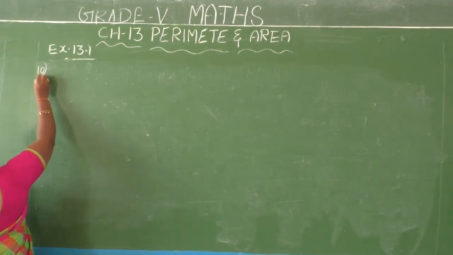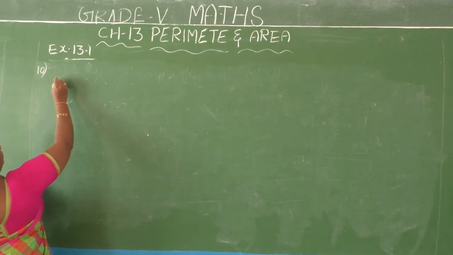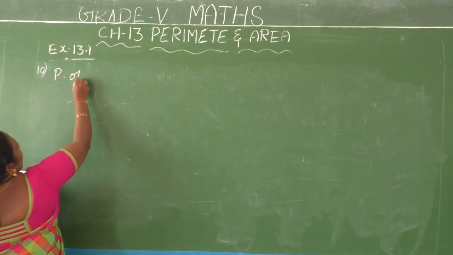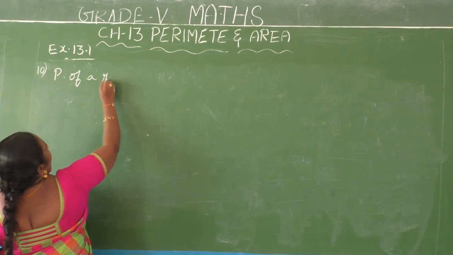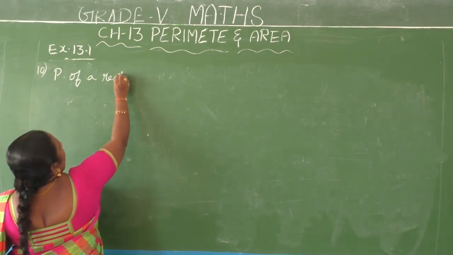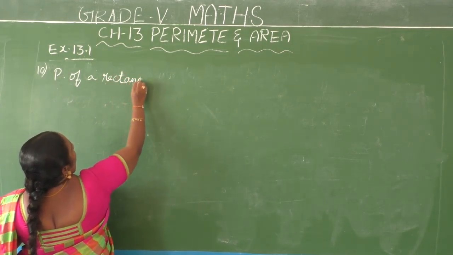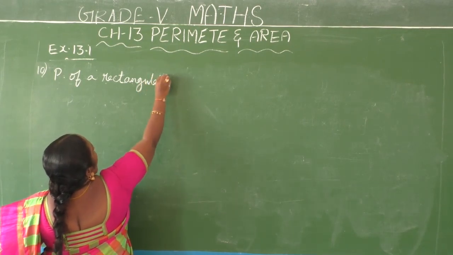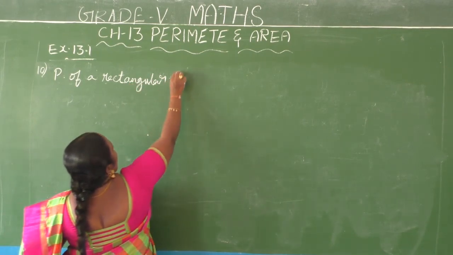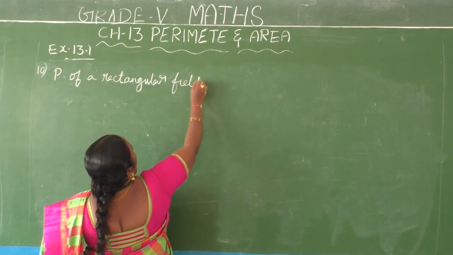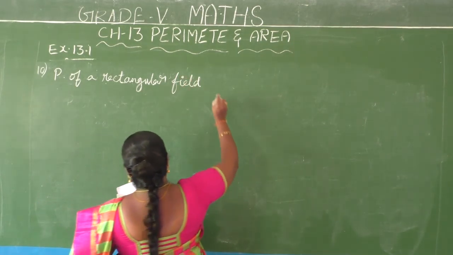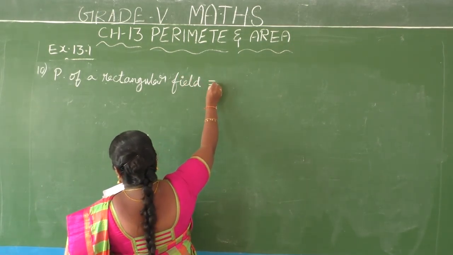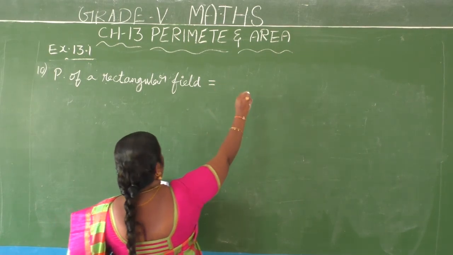Okay, so perimeter of a rectangular field. What is the measurement they gave? They didn't give anything.